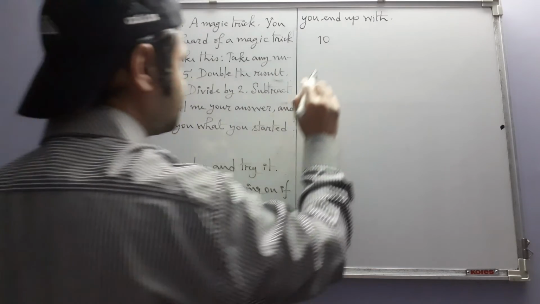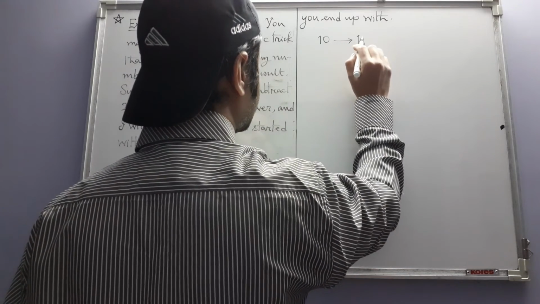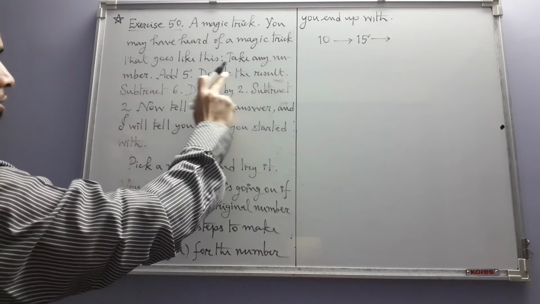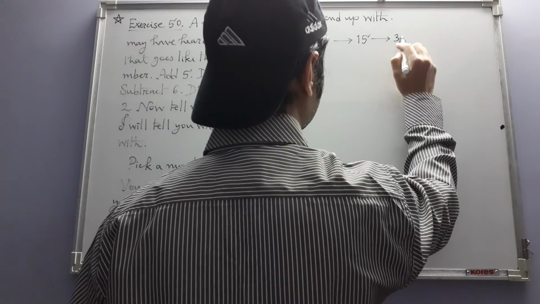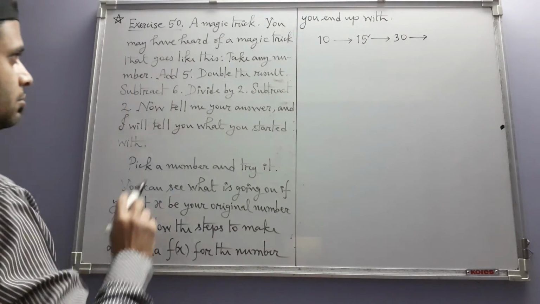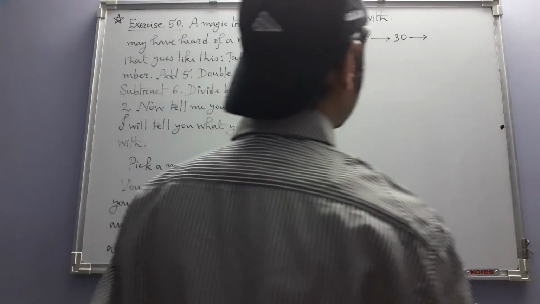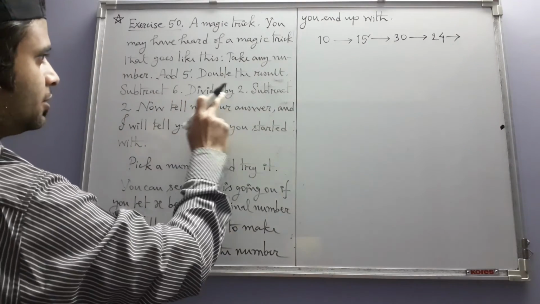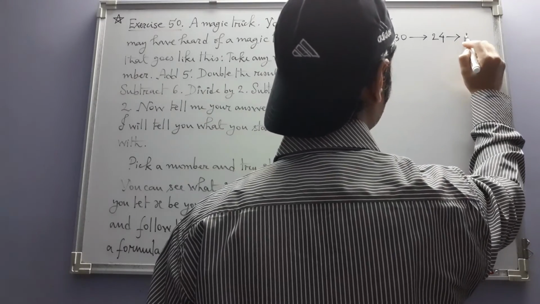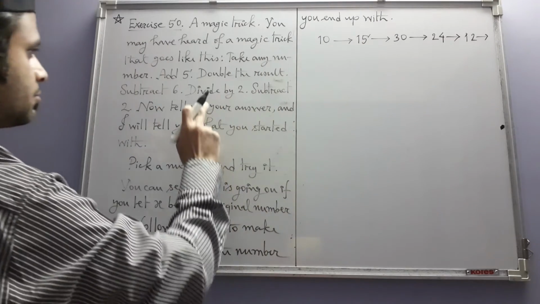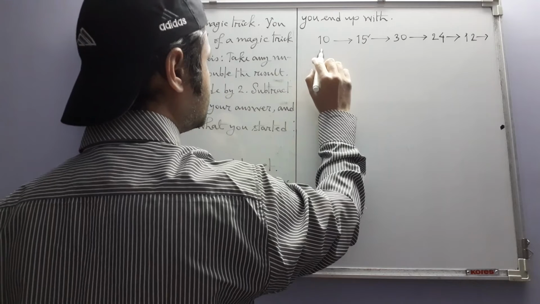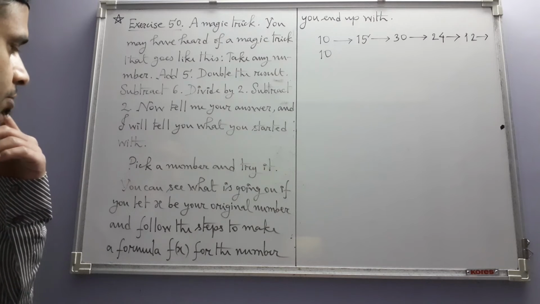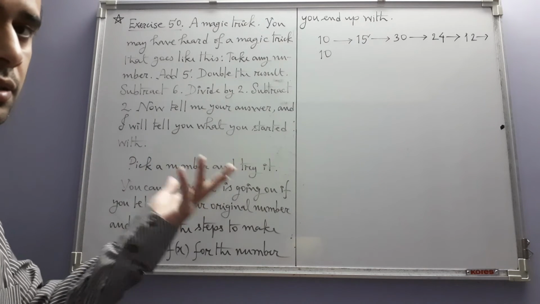Add 5, so that means we get 15. That is the first step. Double the result. Subtract 6. Divide by 2. Subtract 2. Now tell me your answer and I will tell you what you started with. So we are getting the same number back.